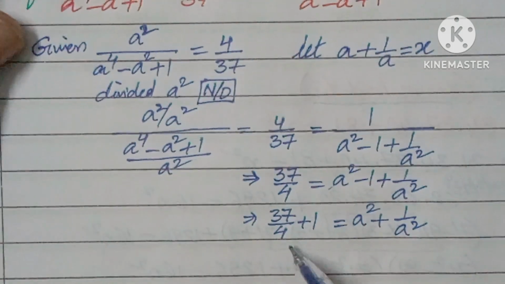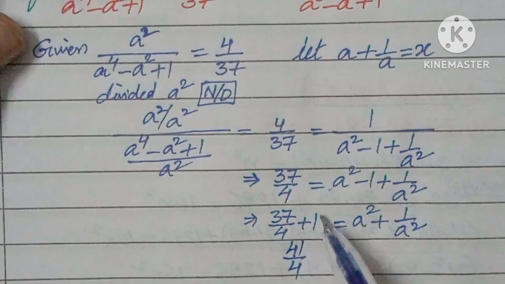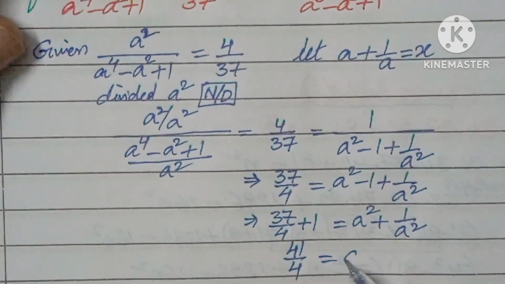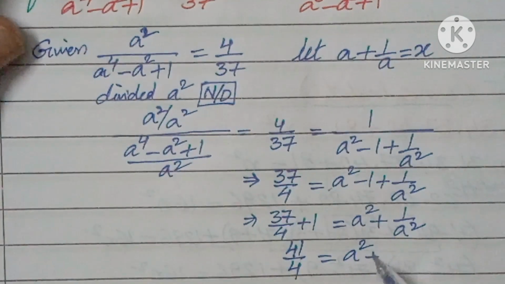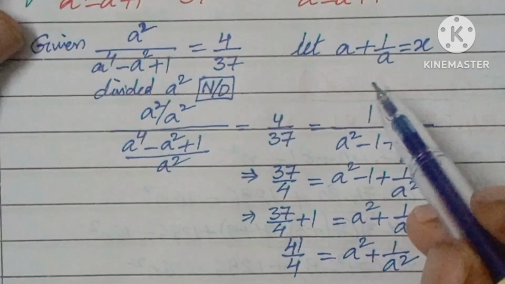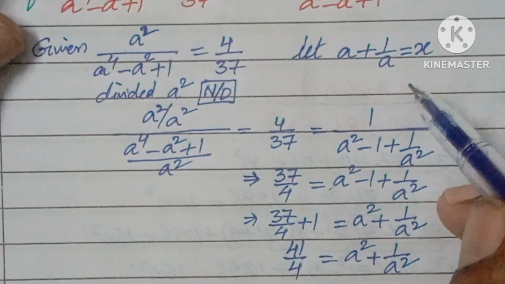So this will be 41 by 4, 37 plus 4. 41 by 4 is equal to a square plus 1 by a square. So already I have taken a plus 1 by a equal to x.